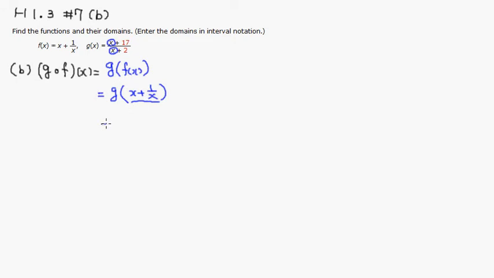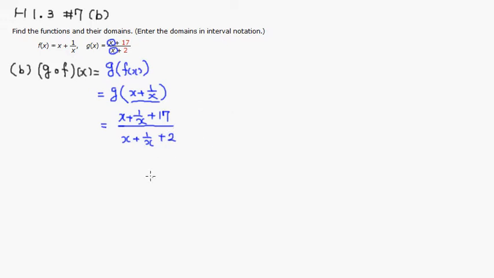Replacing those x's by x plus 1 over x, you get x plus 1 over x plus 17 on top, then x plus 1 over x plus 2 on the bottom.